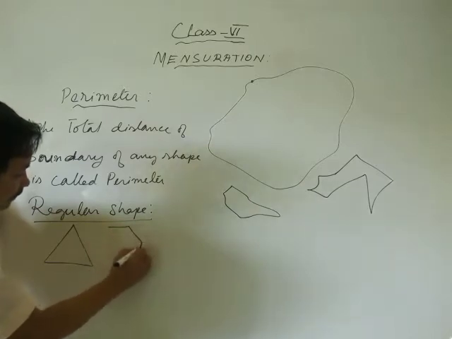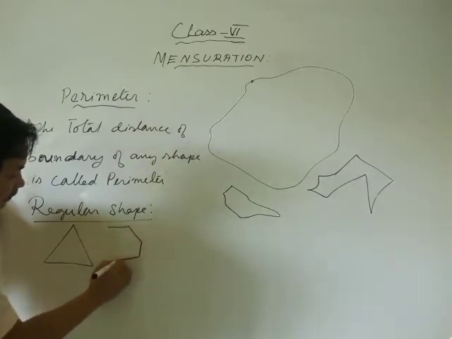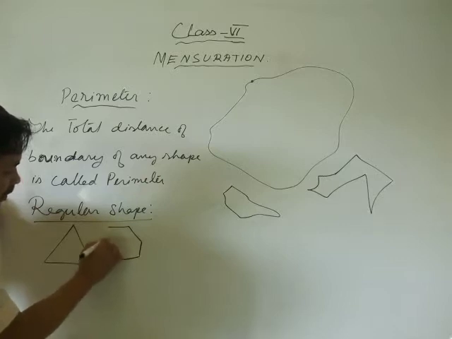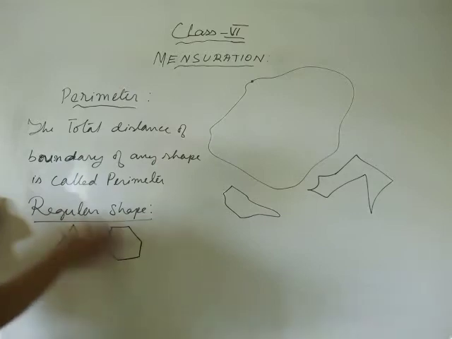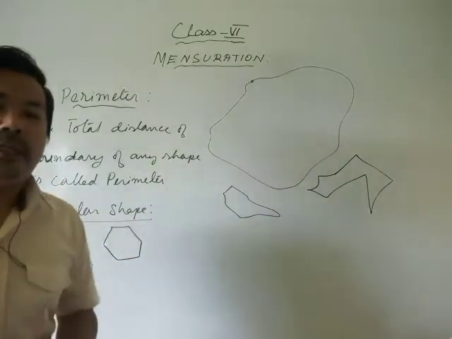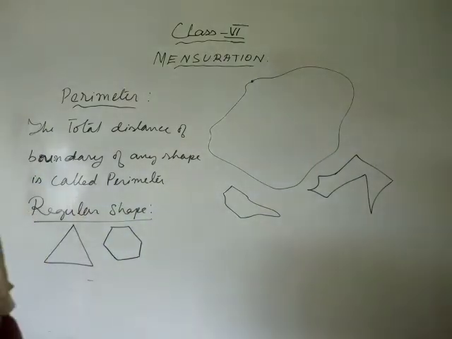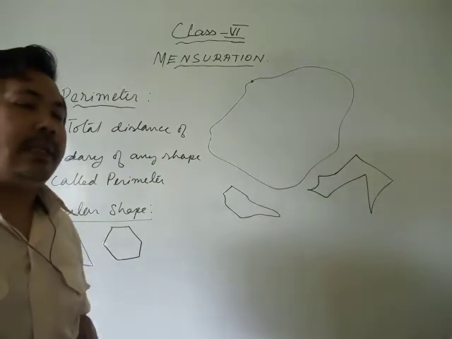For example, here also, all the sides are the same, a regular shape. This is called a hexagon, isn't it? So regular shapes have equal sides.